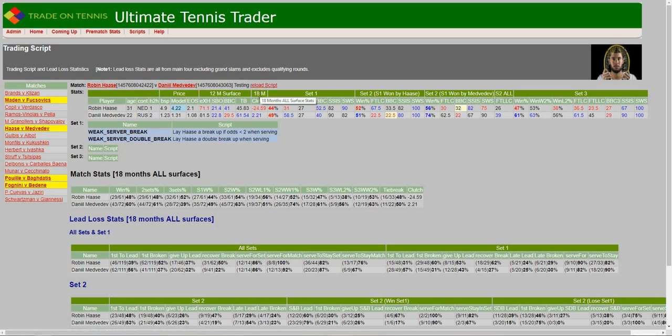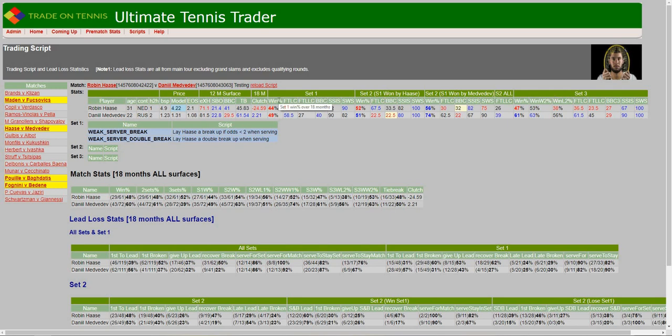Their clutch scores over 18 months, all surface. Obviously, a minus is not very good. And anything in blue is they perform above expectation at the key points of the match. Now, we break this down, as we like to do in Trade on Tennis, into set 1, set 2 and set 3 again.